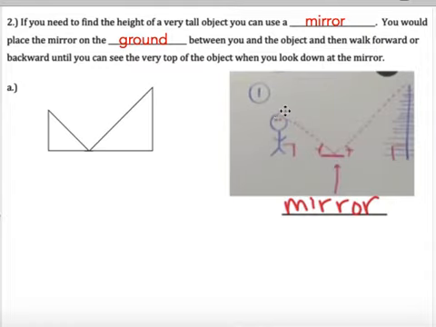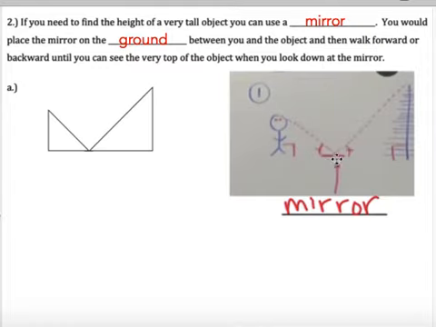They're going to walk backwards until they look down towards that mirror, and when they see the tip top of the tree, that means they are a similar scale factor distance back from the tree to create two similar triangles. So again, that idea of a mirror being on the ground might sound a little bit far-fetched, but before modern technology, this is something that people would do if they needed to know the height of a tree or building. Okay.